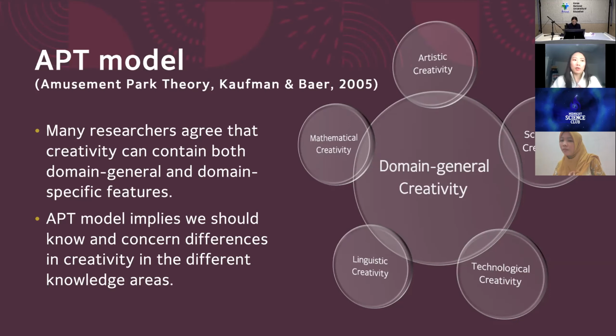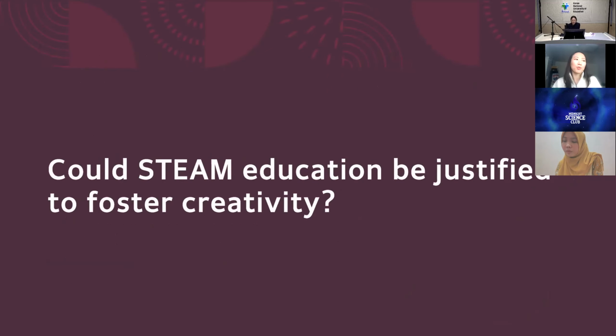So if elements of creativity are different depending on each domain, one can raise the question of whether STEAM education, which focuses on activating knowledge and processes of several areas, could be justified to foster creativity. So in this presentation, I discuss differences in creativity between art and science and how STEAM education has a meaning to foster creativity for the future generation.